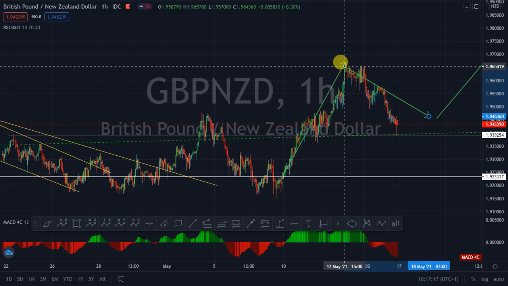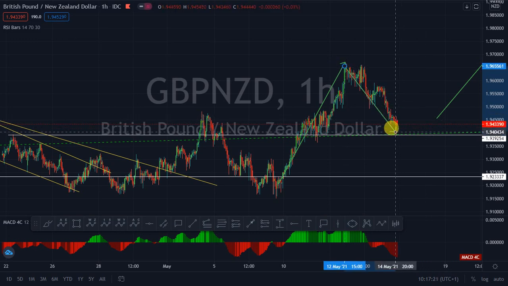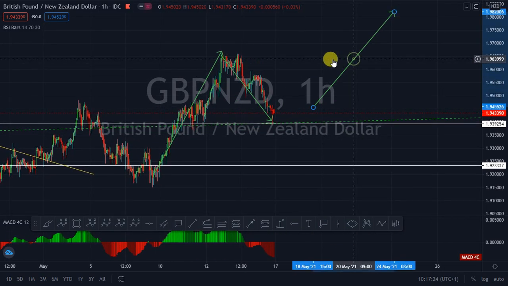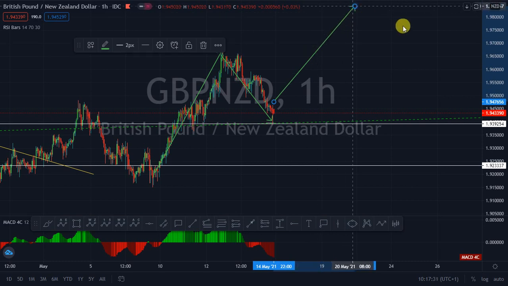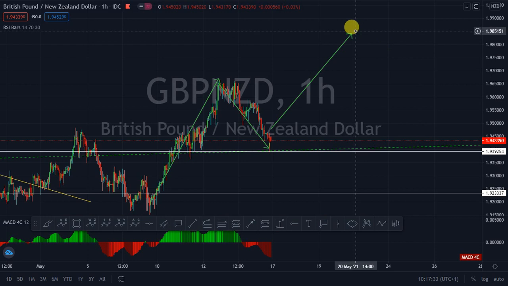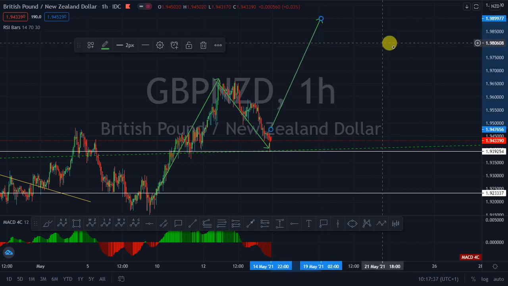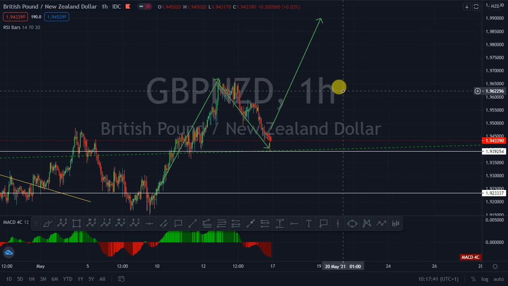It's good, it happened that way. We also predicted this. So now all you need to do is to enter buy. Maybe a buy stop somewhere here, and target this place, 199 or even 200. So it's another good trade.